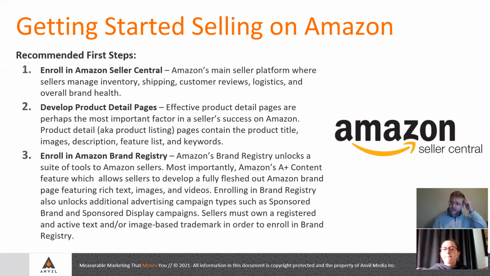There are some additional campaign types as well that I'm not going to discuss so much today, things like audio ads or using Amazon's DSP, their demand side platform for programmatic advertising. Those are also behind that gate of requiring Amazon brand registry enrollment.